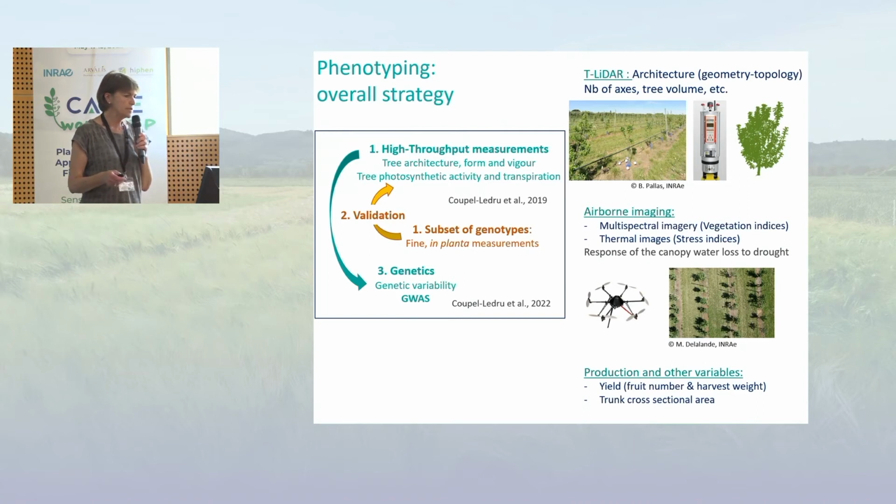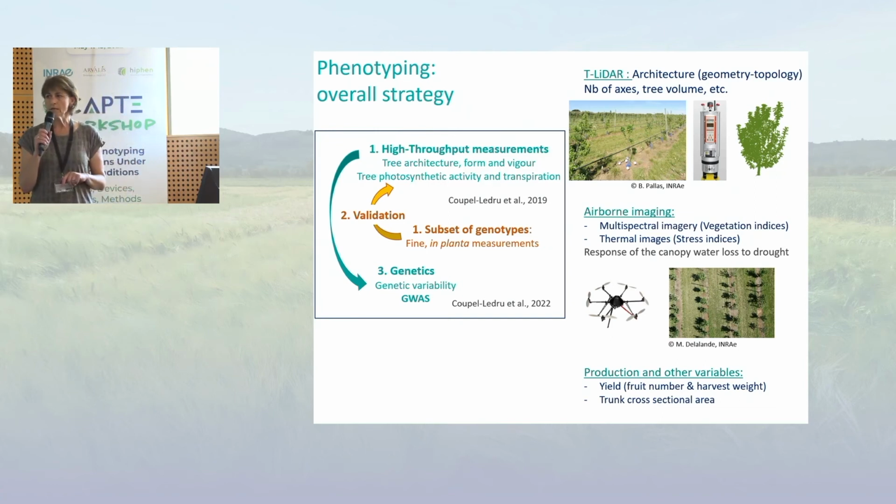So our strategy was to combine different approaches. For the tree architecture, we decided to go for terrestrial LiDAR to try to capture the geometry and the topology. And we combined that with airborne imagery for calculating vegetation and disease from multispectral imagery, and also with a thermal camera to capture stress and disease through the temperature of the canopy.